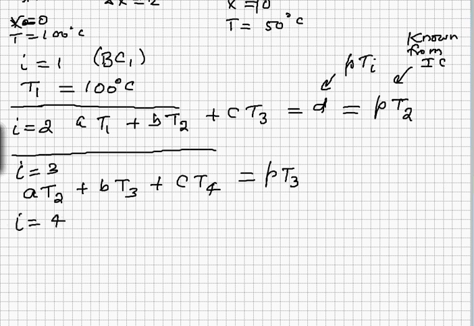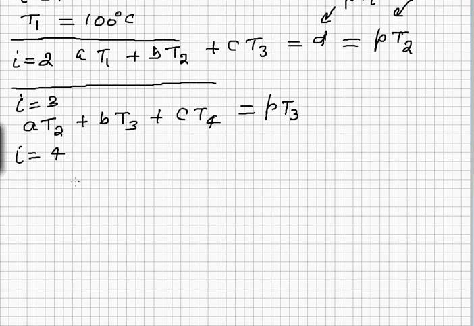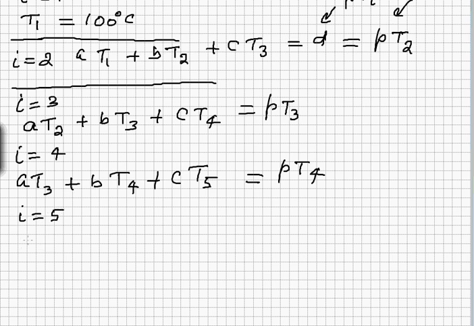For every node, I can expand and write this equation: A times T3 plus B times T4 plus C times T5 is equal to PT4. And I is equal to 5, I can write A times T4 plus B times T5 plus C times T6 is equal to PT5. And finally, the very last node.